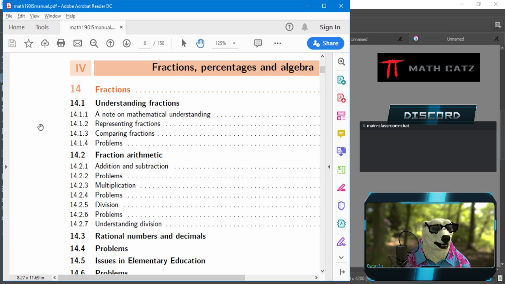Which is a very different goal than just calculating things with fractions as fast as possible. That's not our goal. Our goal is to understand, get a number sense for what is a fraction and what does it mean to add fractions, subtract fractions, multiply fractions, divide fractions. What does that mean?